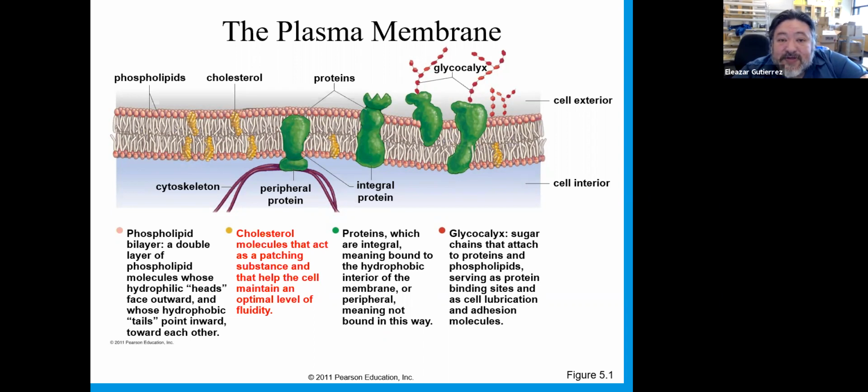If you stop consuming cholesterol and your body needs cholesterol because your membranes are very non-dynamic, you know what's going to happen? Your liver's going to make cholesterol. So you're like, what? So I'm on non-cholesterol medication and my liver's going to create cholesterol? Yep. Because your body needs it. There's no way around it.